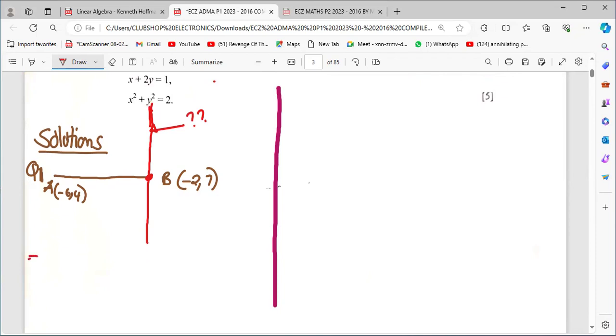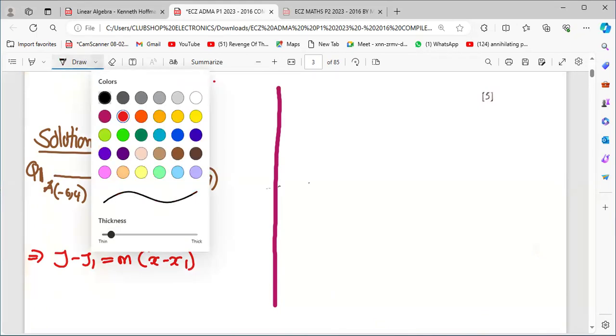To do that, we can use the gradient-point formula y minus y1 is equal to m times x minus x1. Meaning therefore that we need the gradient of this line.